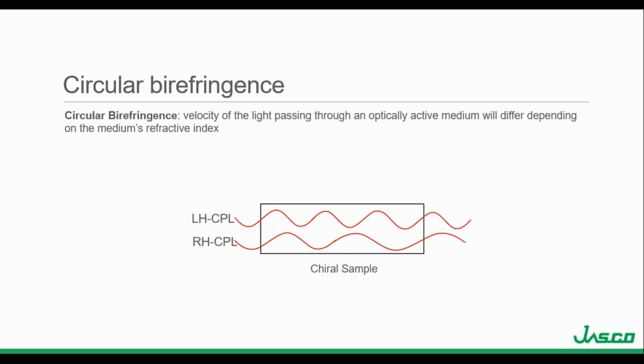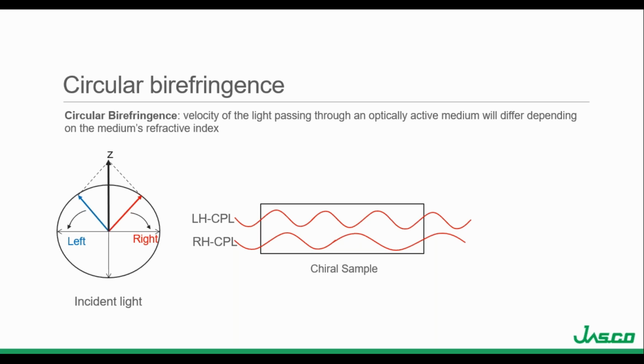In CD, left-handed circularly polarized light propagates through a chiral sample at a different speed than its right-handed counterpart, and this is circular birefringence, what I had just mentioned. So when a chiral molecule absorbs left and right-handed circularly polarized light to different degrees, the resulting electric field traces out an ellipse.